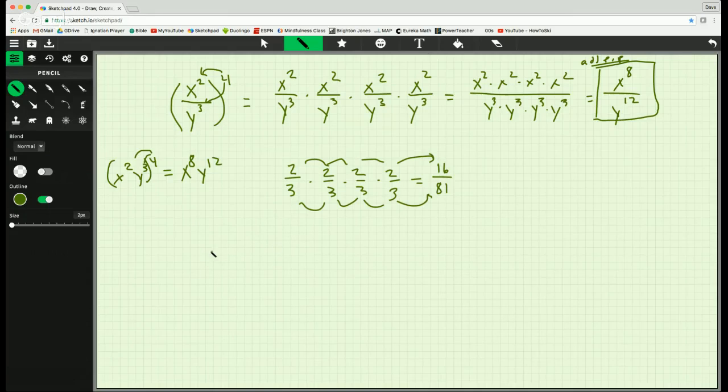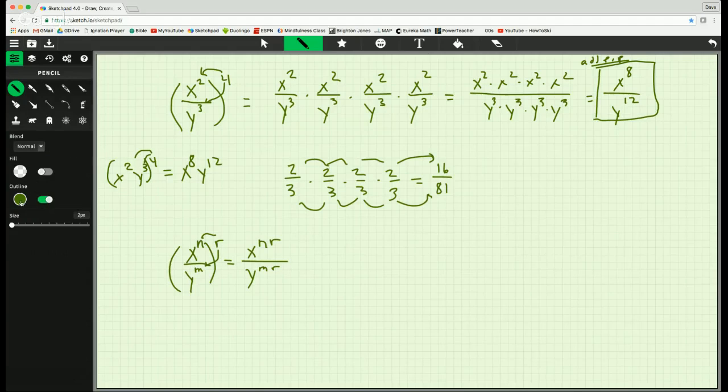So the rule is, x to the n over y to the m, all to the r power is equal to x to the n r over y to the m r. You just multiply these things. So let's try a few.